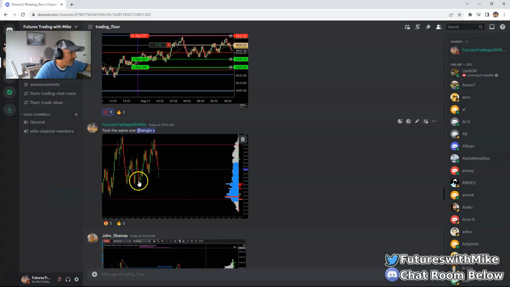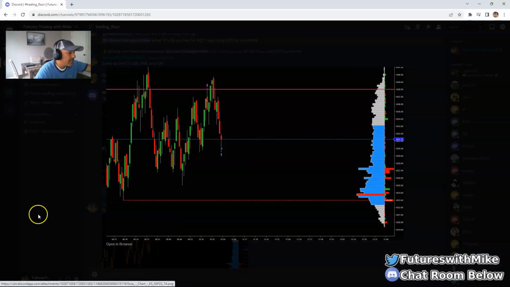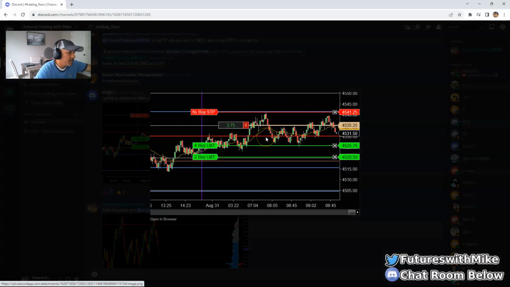Now, some of our other fellow traders took that just as well. Let me make sure I'm looking at the same setup. One right here, this member took this trade, the same exact setup. I didn't even put it out that that person had already taken the trade. So as a collective community, we are coming together and sharing the same type of trades.